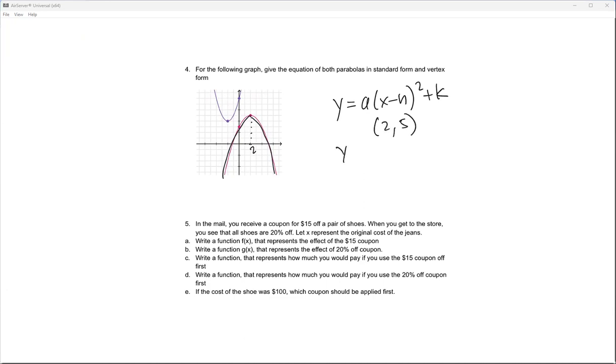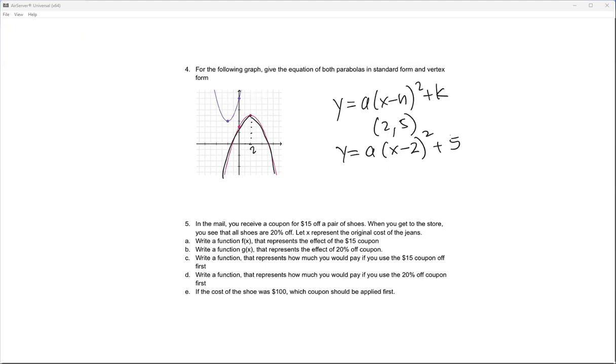So it's y is equal to a times x minus 2 squared plus k, which is 5. And then we have to find the a.